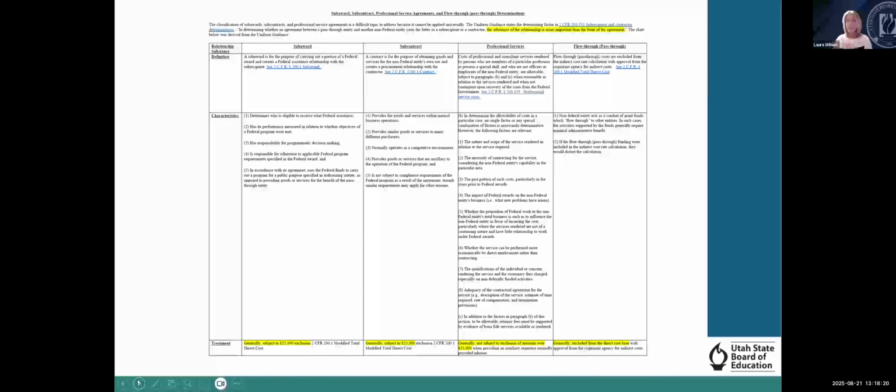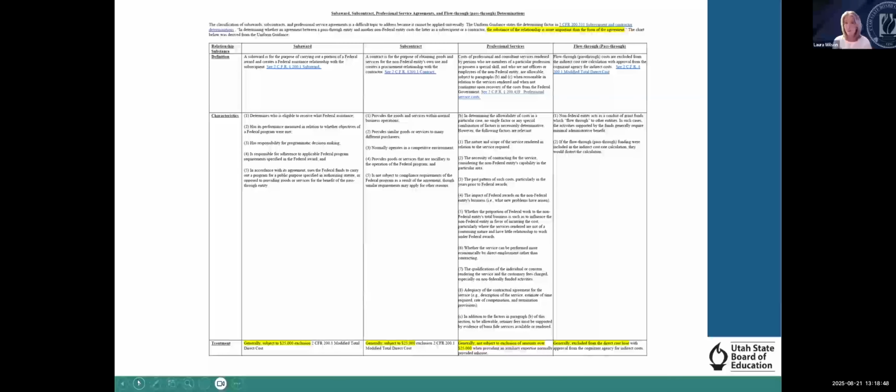Any contract that is for something that would be considered indirect is just an indirect cost. It goes into the indirect cost pool. So for these direct cost contracts, you will want to look at them and decide if they qualify as a subaward or a subcontract. And if they do, we want those to be entered into the contract adjustment tab in UPEFs.